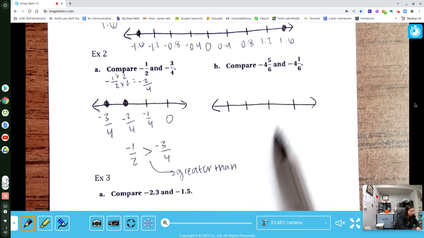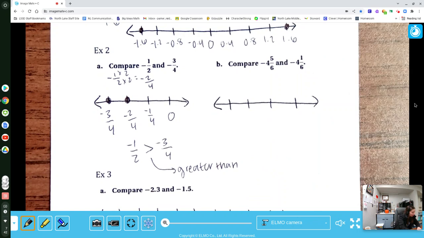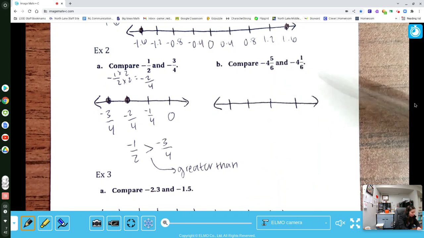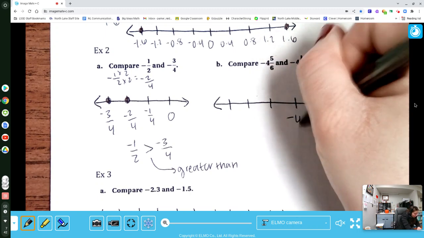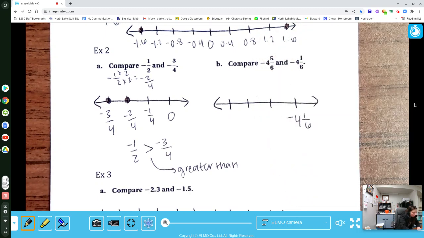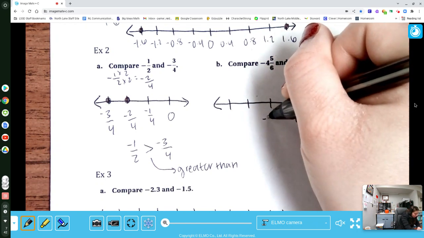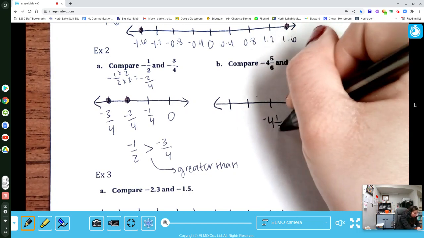Now we're going to compare -4 and 5/6 and -4 and 1/6. Luckily, these mixed numbers have the same denominator in their fraction, so that's helpful. I'm going to start my number line at -4 and 1/6, and then I'll count by 1/6 for each. This would be negative 4 and 2/6. 2/6 is the same as 1/3.